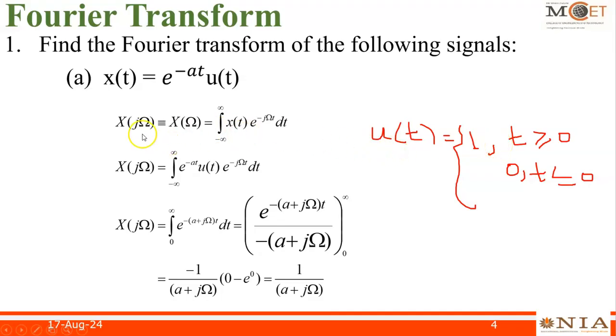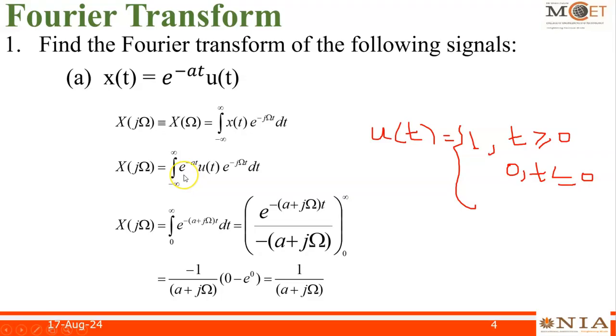So here we can substitute the values for u of t in this equation. So this is the actual formula to find the Fourier transform of any given signal x of t. Here x of t is given as e power minus at into u of t. So we can substitute this e power minus at into u of t in the Fourier transform equation, right?